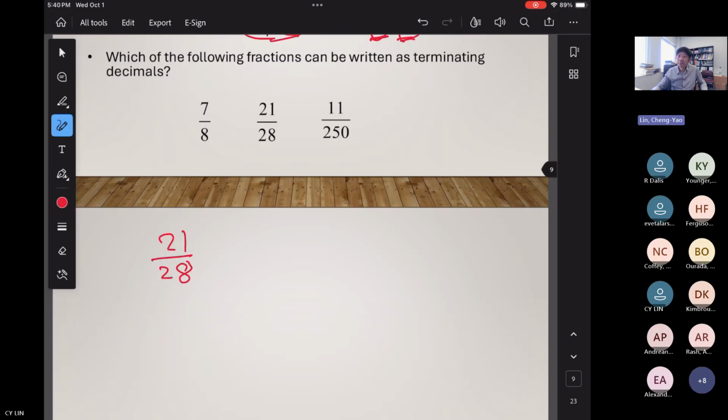Okay, what's your answer? Yes, it's a terminating decimal.